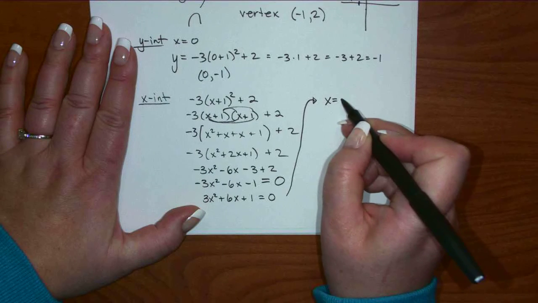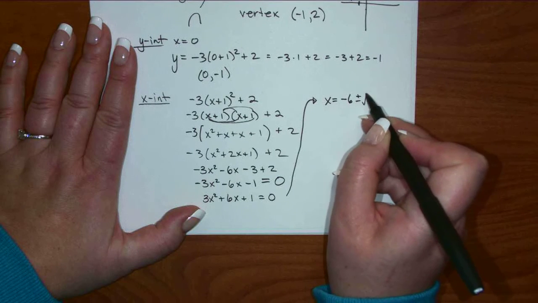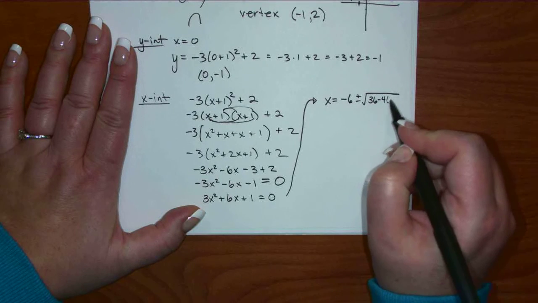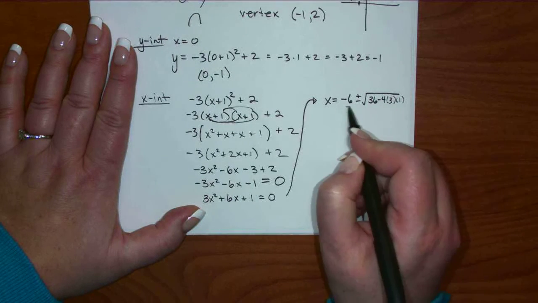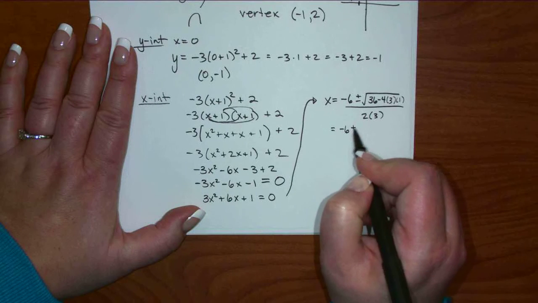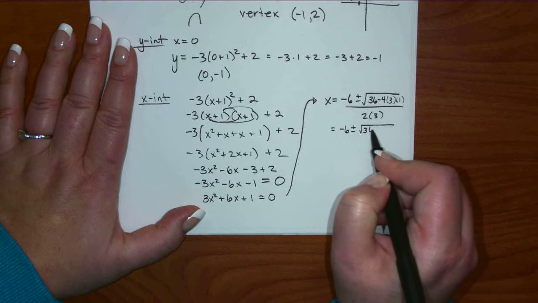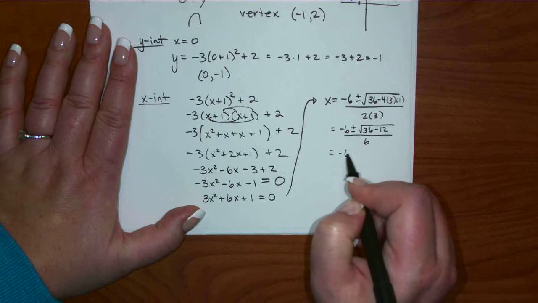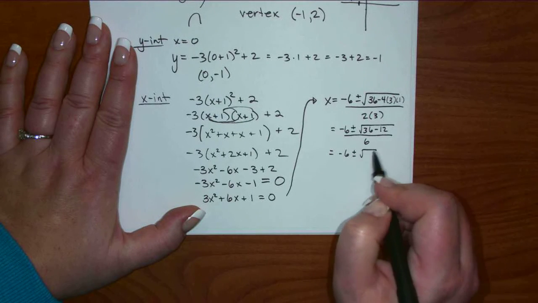Minus b, b squared, all right, 36 minus 12. 24.